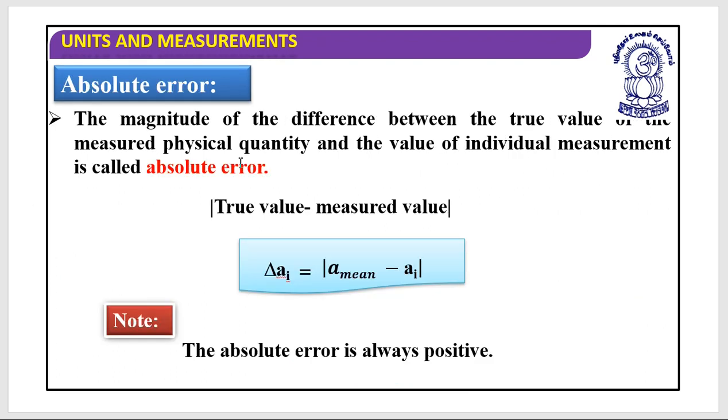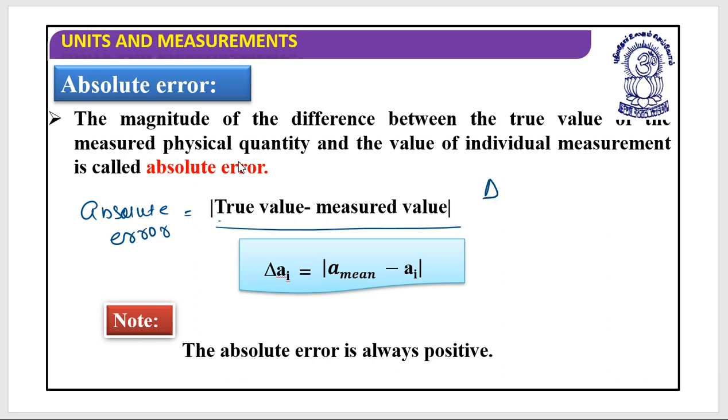Next, absolute error. We are talking about certain errors. What is absolute error? It is the difference of true value minus measured value. Do you remember you have taken n number of samples?